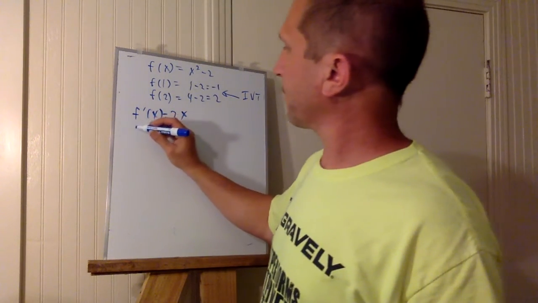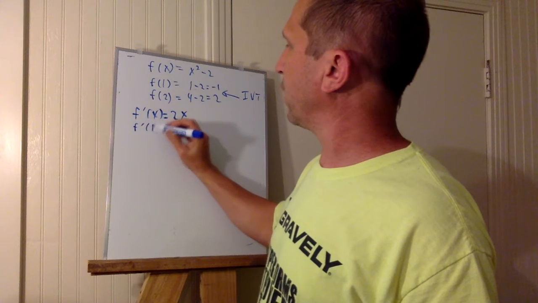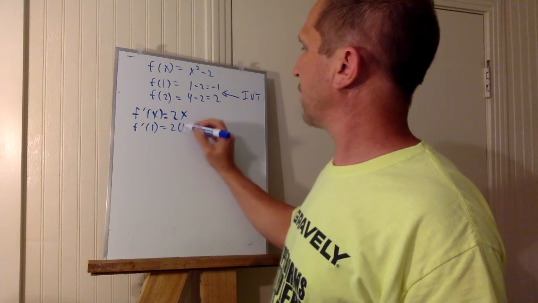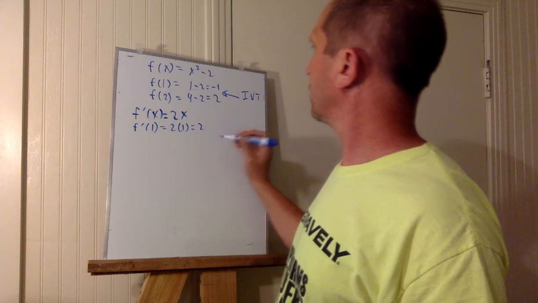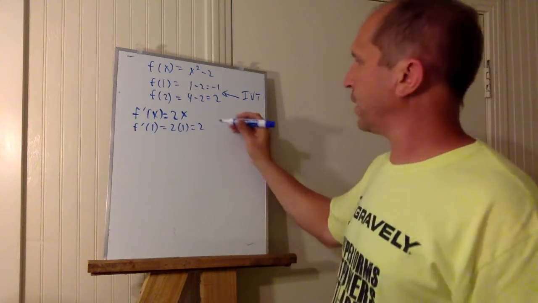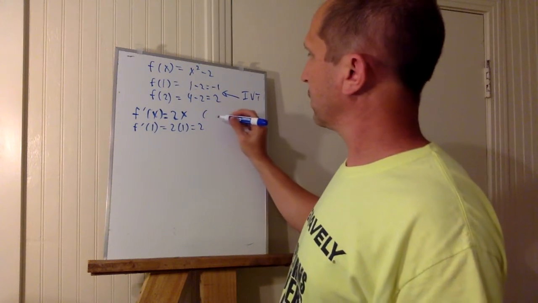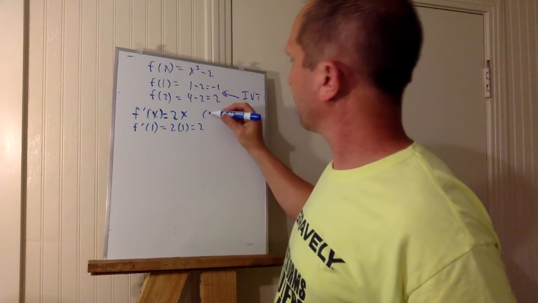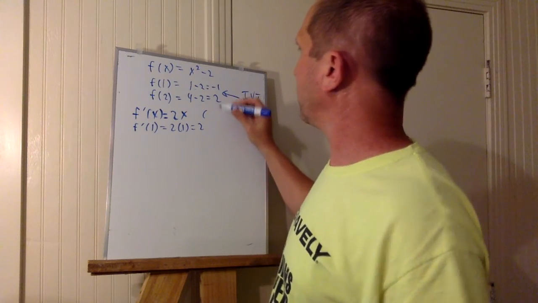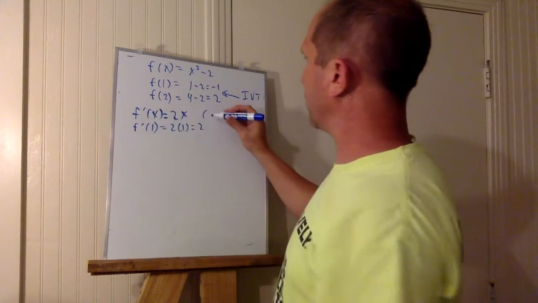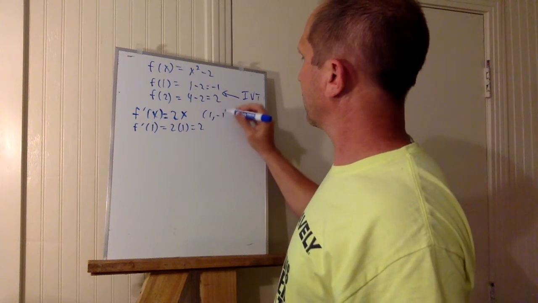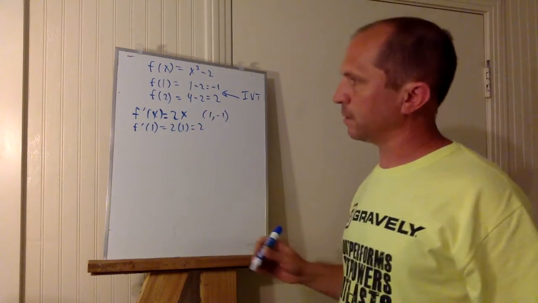So f prime of 1 is going to be 2 times 1, which is 2. So now we have a point and a slope. My point is 1, negative 1, and my slope is 2.